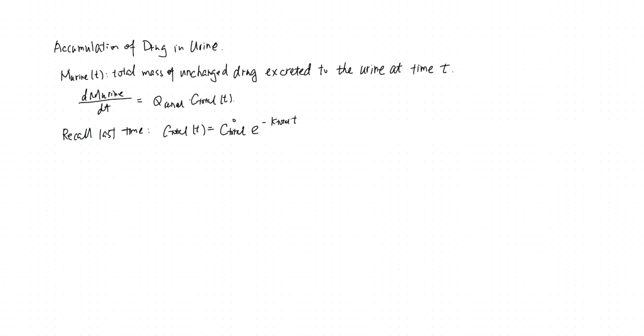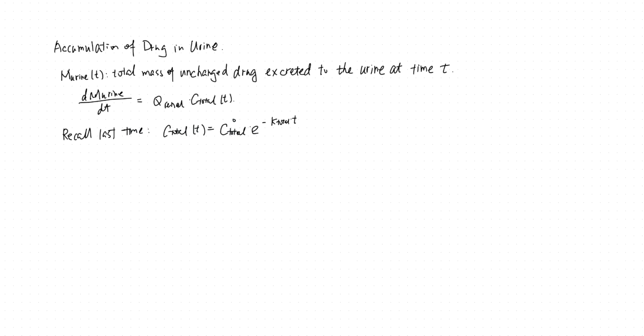In this case, we haven't specified what C total naught is. We will specify it when we talk about the rapid injection, but right now it's just general. Although it's general, you will see that because of its exponential decay, it is most relevant for injection.